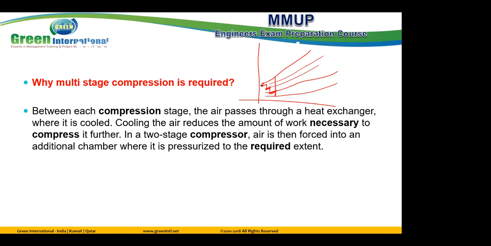At the end, you will find the total compression work, 1, 2, 3, 4, is totally less than going direct. Why? Because this area is small, but going direct it is higher. So we go to multi-stage to obtain the minimum work required for compression.